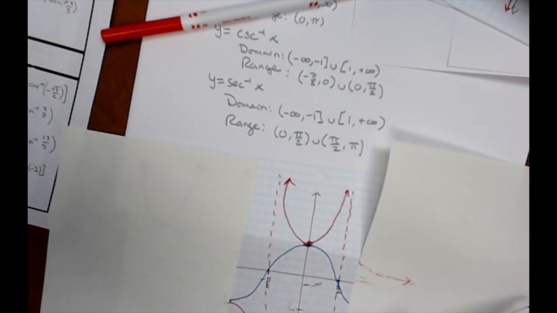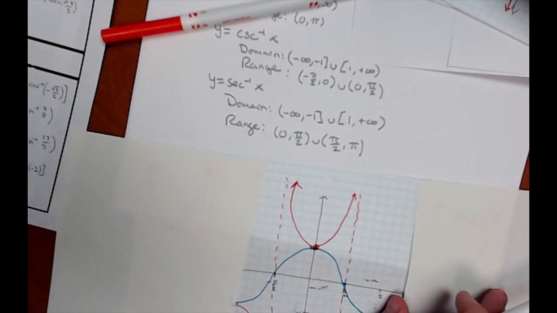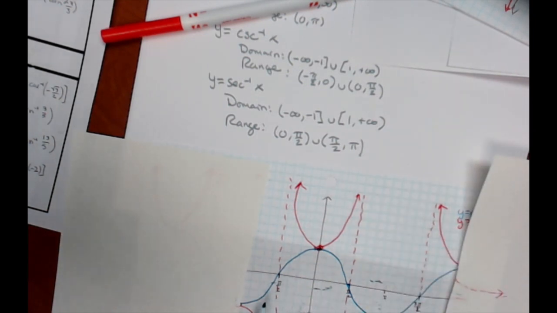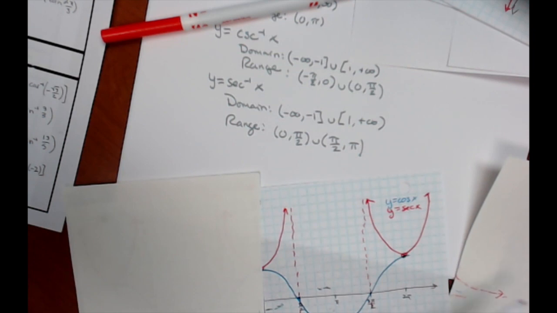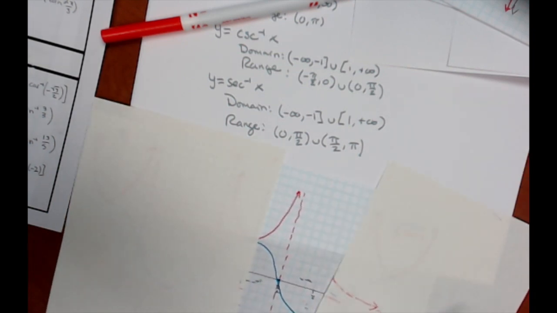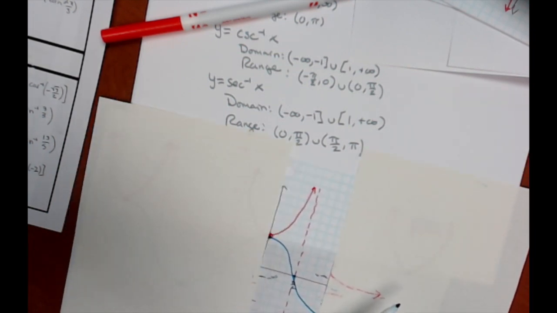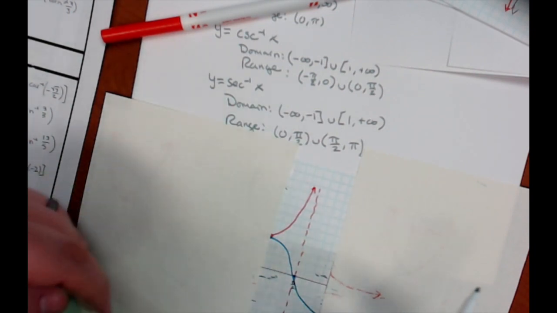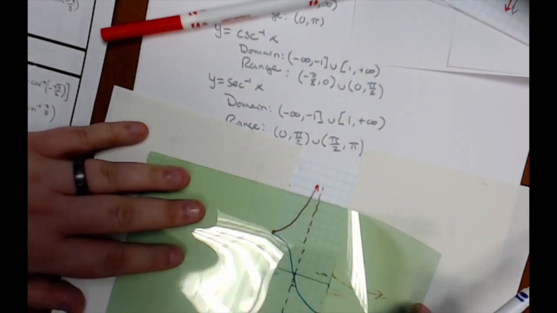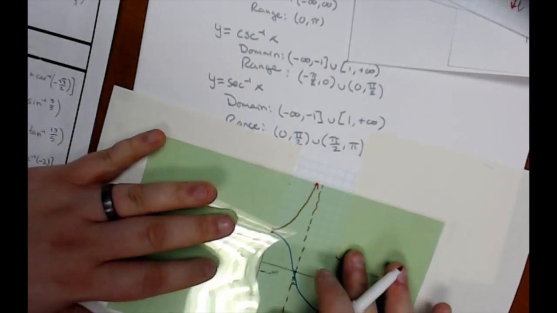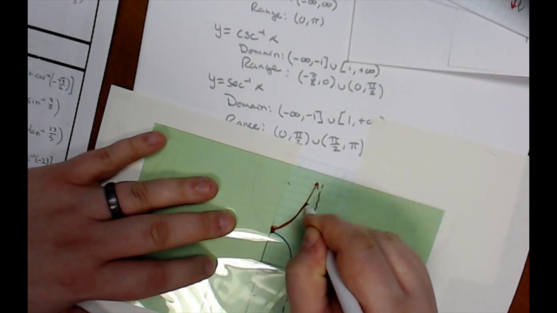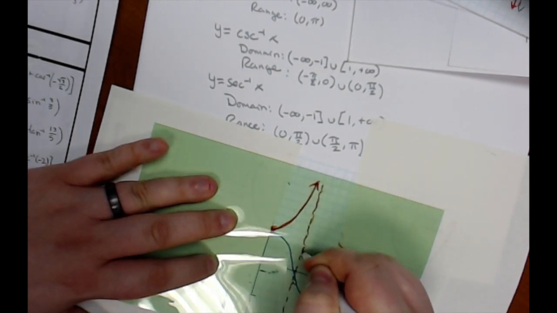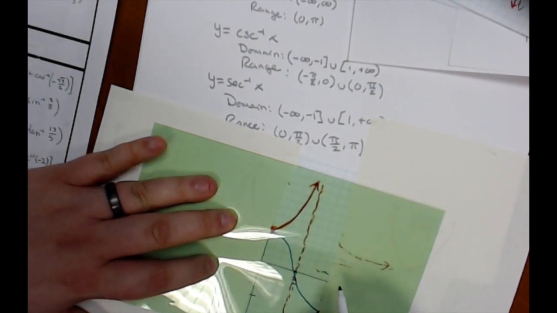we couldn't do the same restriction here, because if we did negative pi over 2 to pi over 2, it didn't pass the vertical or the horizontal line test. And so we put our blinders on between 0 and pi. Here our horizontal asymptote is pi over 2.